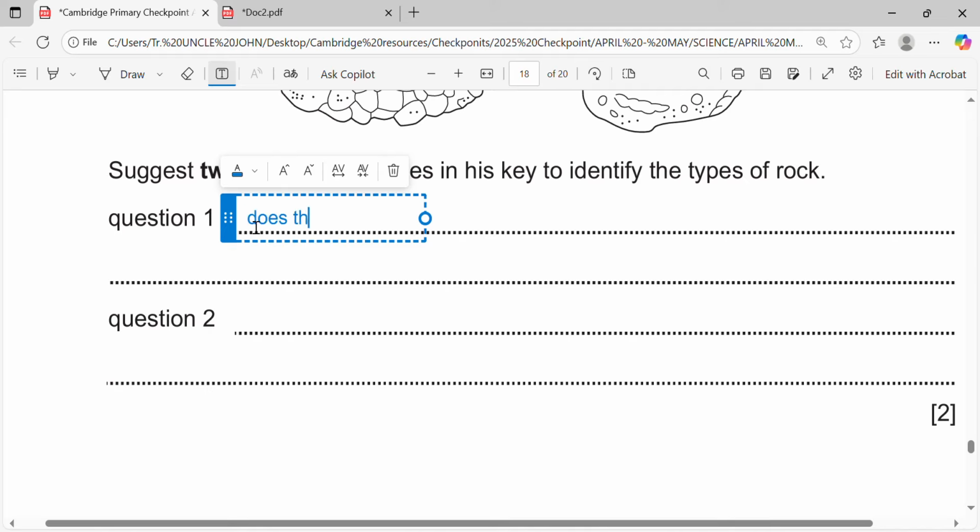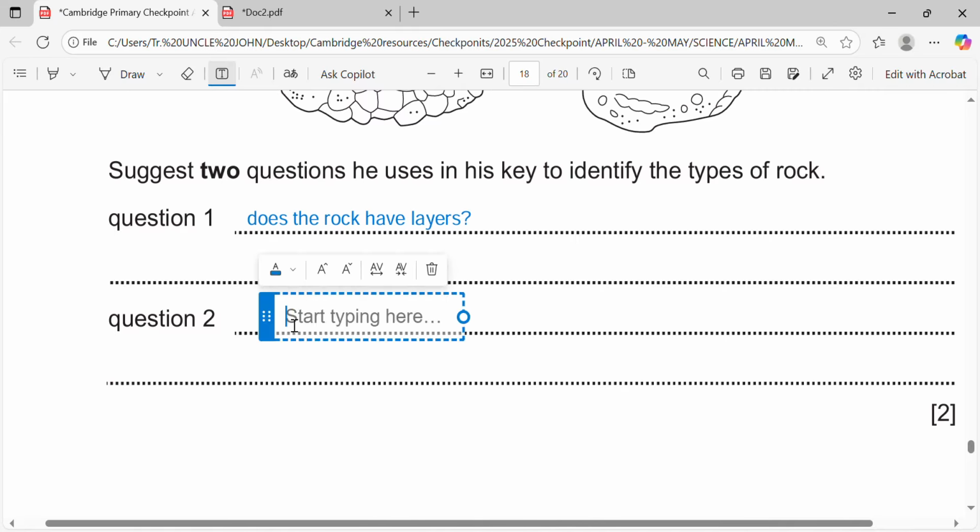Question 2. You can say, does the rock have crystals?